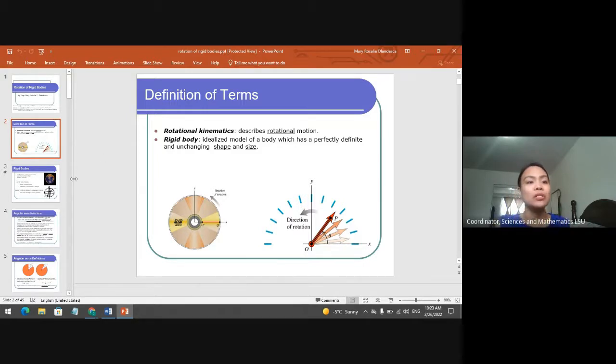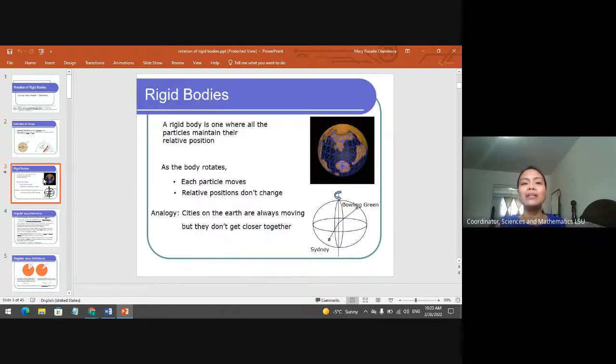More about rigid bodies, it is one where all the particles maintain their relative position. As the body rotates, each particle moves and the relative positions do not change. Say for example, on the earth, you have your globe here.